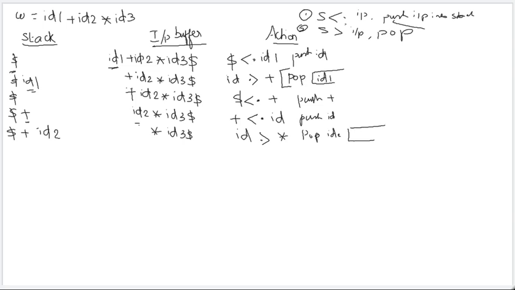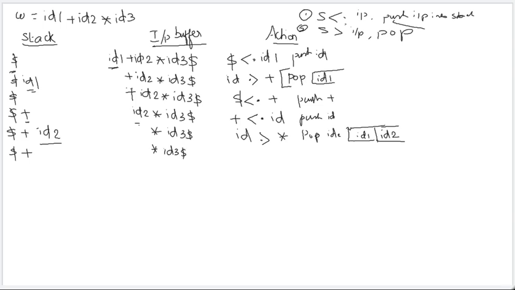Already in that array id1 is available. Now you are popping id2 and storing it in the array. So id1 and id2 are there in the array, the stack becomes dollar plus, and the buffer has star id3 dollar.